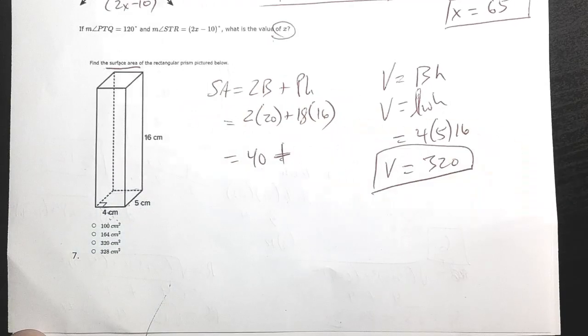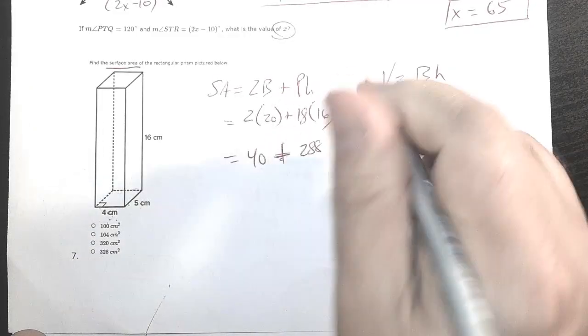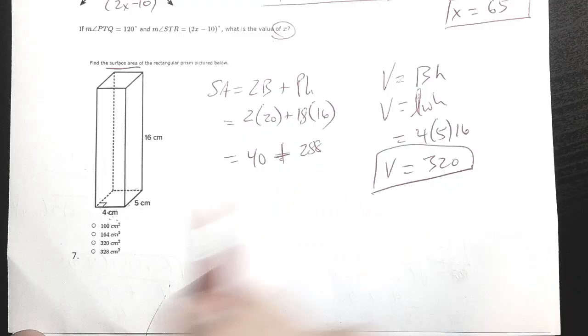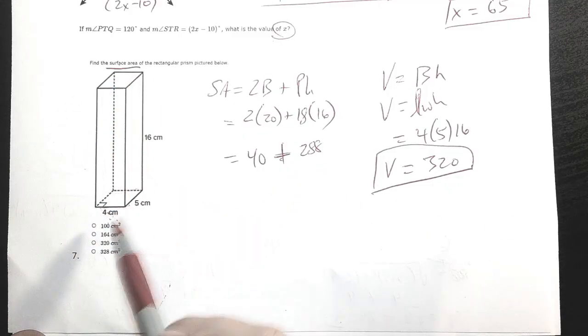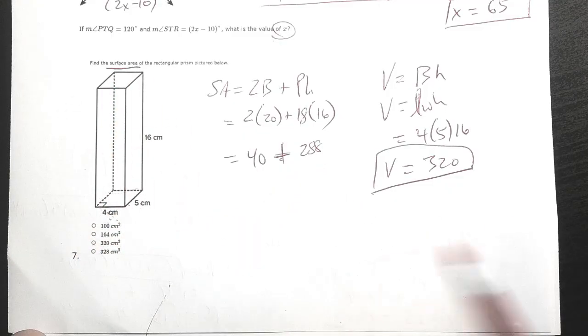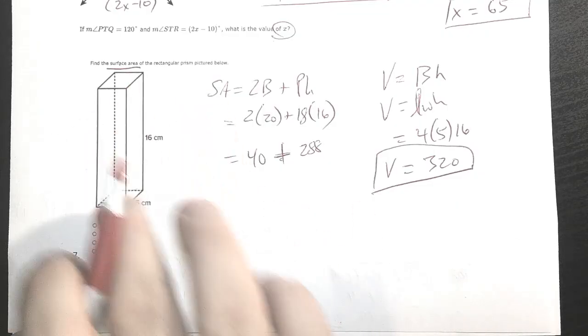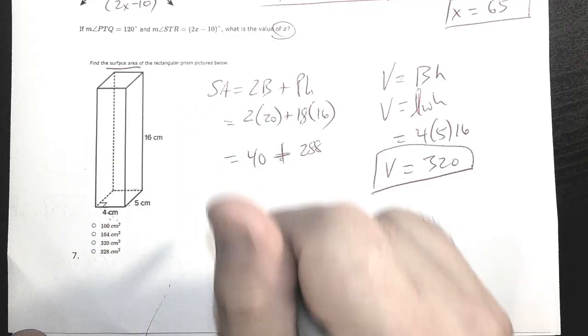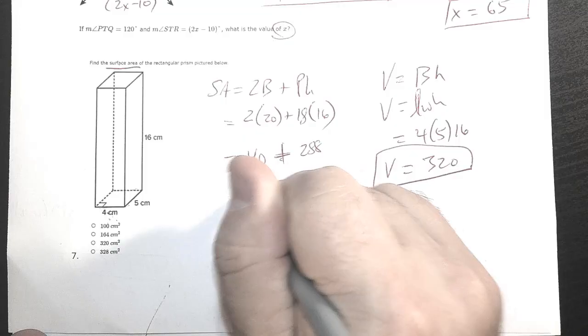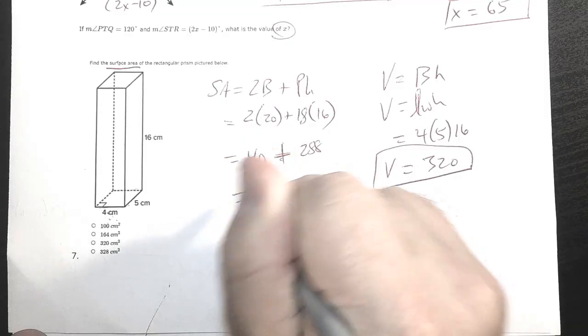Oops. 18 times 16, so that's your perimeter times your height, is 288. So this would be your lateral area. Surface area covers the top and the bottom. Lateral is what you would see if this was a building and you were standing in front of it. All right, and then 40 plus 288 equals 328.